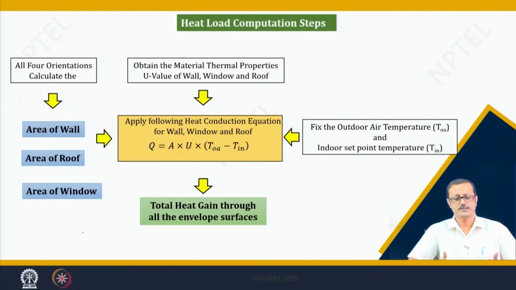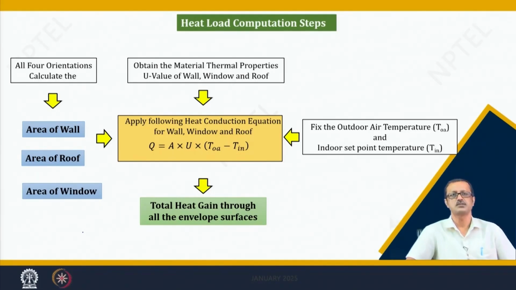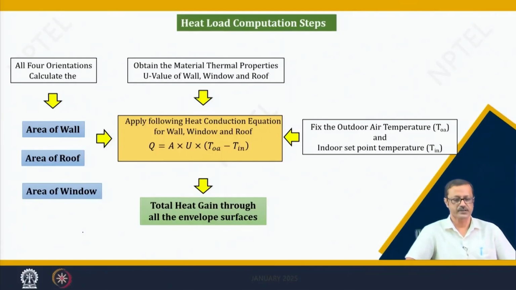That means the area of the solid, opaque wall, the area of the roof, and also the area of the windows, doors, etc. The windows or doors, any fenestration, may be glazing, or a curtain wall with some transparent material, come under the fenestration area, and there is definitely a horizontal area of the roof and also the wall.